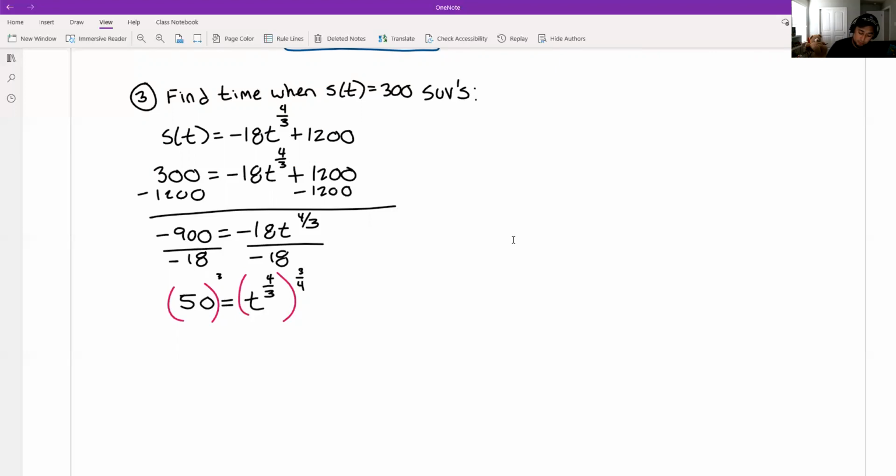Because when you do power raised to a power, the operation is multiplication. So that will become 4/3 times 3/4, which cancel, cancel, cancel, cancel, leaves you with 1. Which means you are left with 50 raised to the 3/4 equal to t.